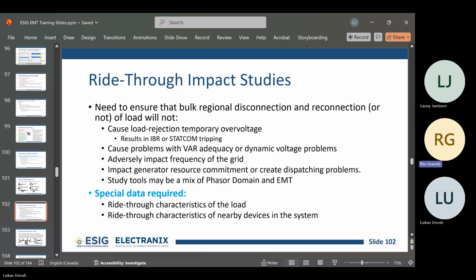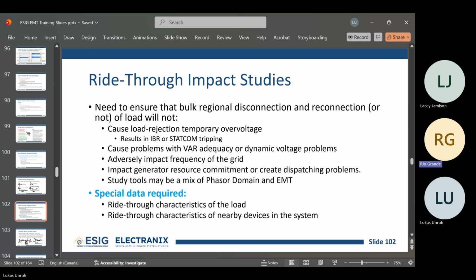And specifically, you want to be thinking about STATCOMs. If you have a STATCOM there, that's there to mitigate the temporary overvoltage. And if your overvoltage goes beyond what the STATCOM can handle and causes the STATCOM to disconnect, then it's going to get even higher once the STATCOM trips, right? So you want to study that pretty carefully and make sure it's within the trip limits of nearby devices.